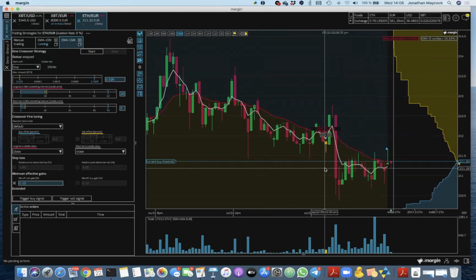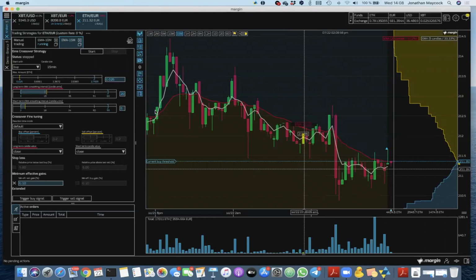And to just reiterate what I said before, the short-term line, which is this gray or white line, is crossing the long-term red line from below, and it will trigger a buy signal. The converse is that as the short-term line crosses from above, then a sell will be triggered. And that's the basic idea.